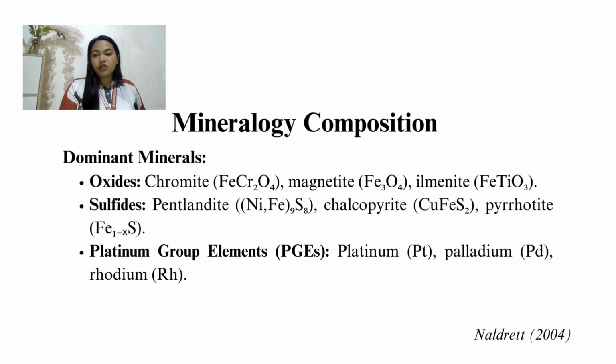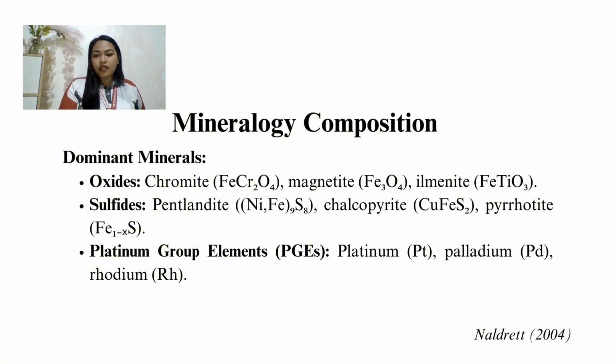In addition to oxides, sulfide minerals such as pentlandite, chalcopyrite, and pyrrhotite are commonly found in magmatic deposits. These sulfides are crucial ore minerals for nickel, copper, and iron, making them highly significant in mining and metallurgy.